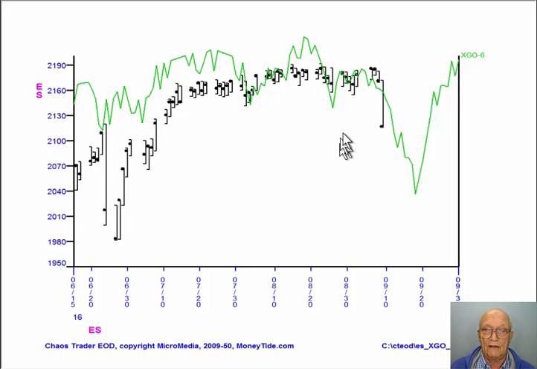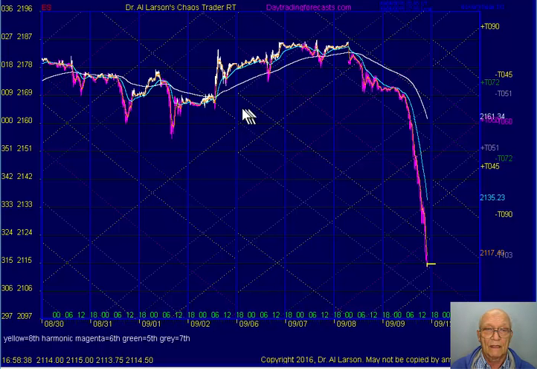Here's a little close-up of that down day. This is a chart which shows actually 1 minute sample data plotted very closely.